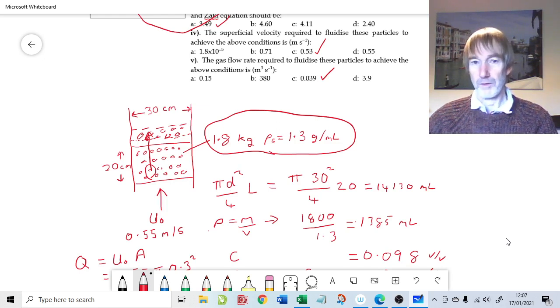But we know the result is a little bit suspect because we've treated it in a particulate way, whereas it could be bubbling. Okay, in fact the next question deals with bed expansion of a bubbling bed. Okay, bye.